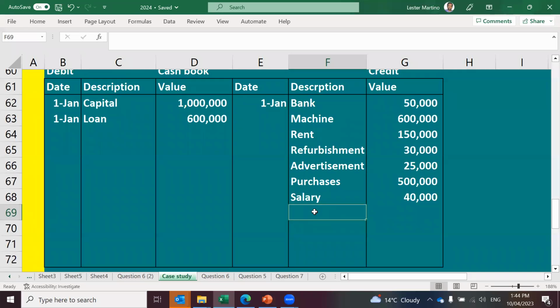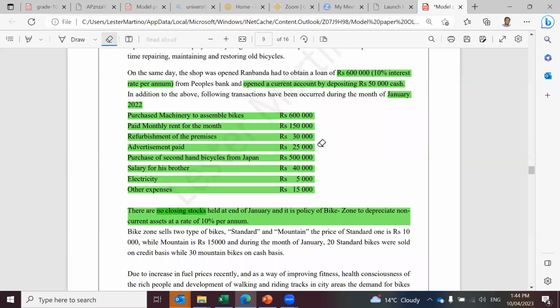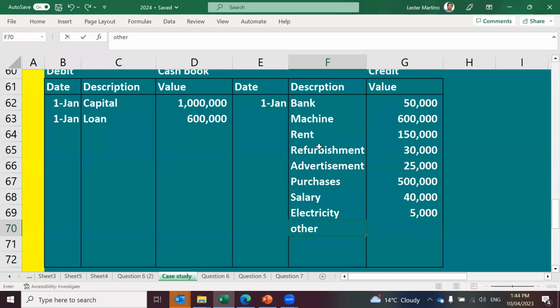Electricity 5,000. Other expenses 15,000.